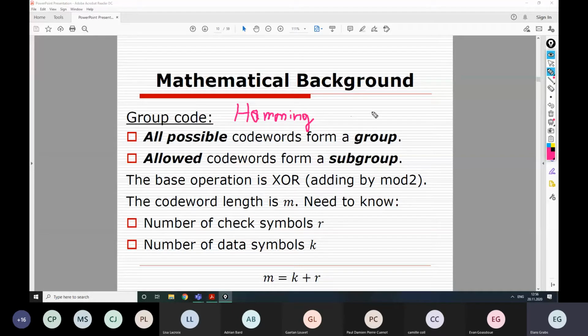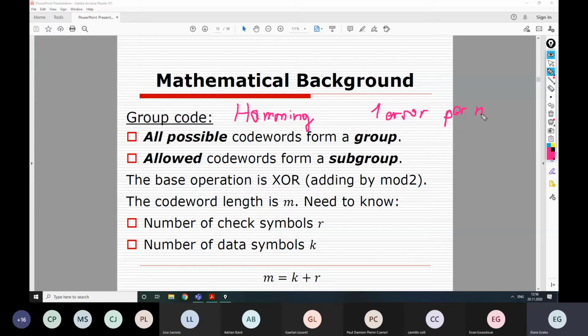These codes will be able to correct one error per m symbols. The basic operation is the XOR operation, and the code word length in this case is m. So we need to know how many of these m symbols.